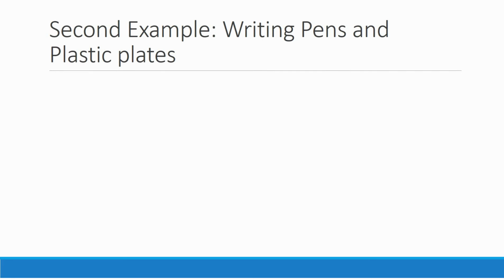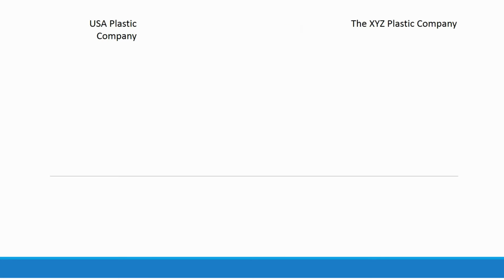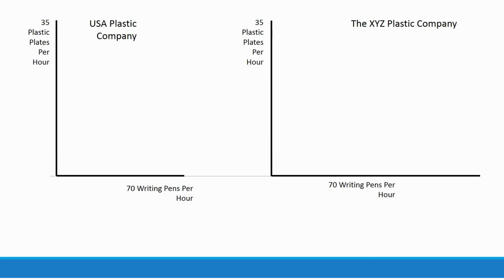Okay, let's do a second example, writing pens and plastic plates. In this example, I compared two companies, the U.S. Plastic Company and the XYZ Plastic Company. They are producing 35 plastic plates per hour and 70 writing pens per hour. That is the ratio of opportunity cost for the U.S. Plastic.